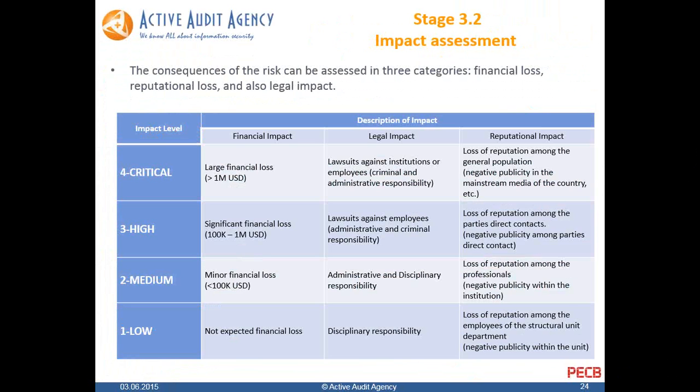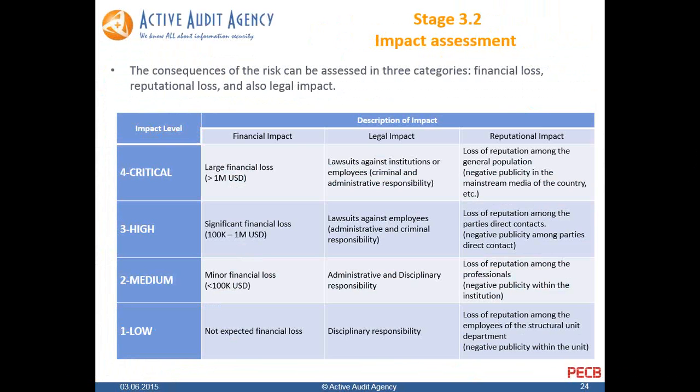For example, critical financial impact is a large financial loss, more than $1 million; high, a significant financial loss from $200,000 to $1 million; and medium or low, no expected financial loss.